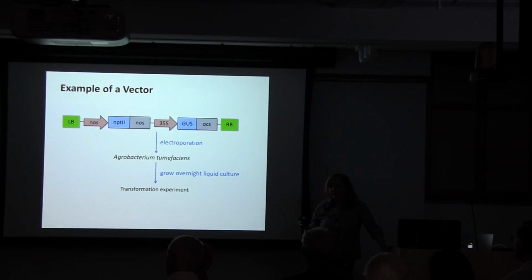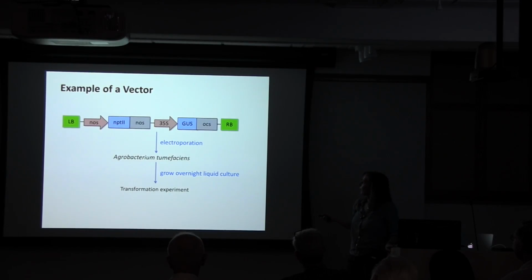If we didn't do that, we would have a lot of plants to screen in order to find those few that are really transformed. And it can also affect the efficiency of the system. So we do need to include a selectable marker gene. And again, it could be for antibiotic resistance or herbicide resistance.